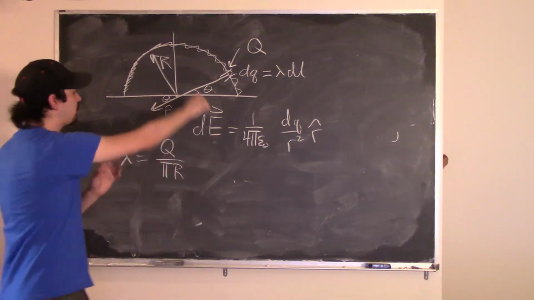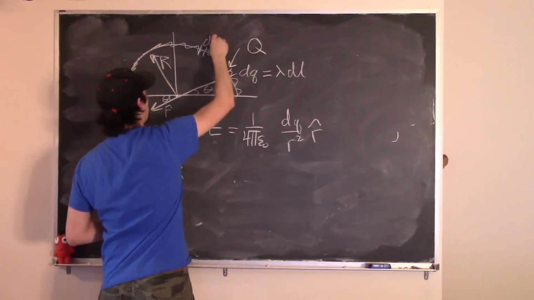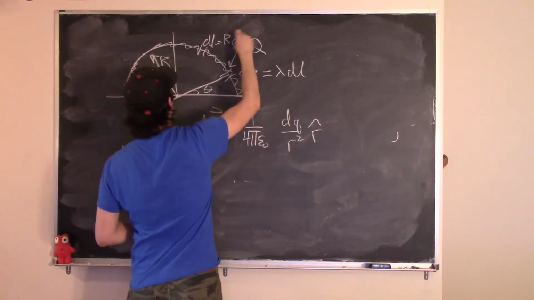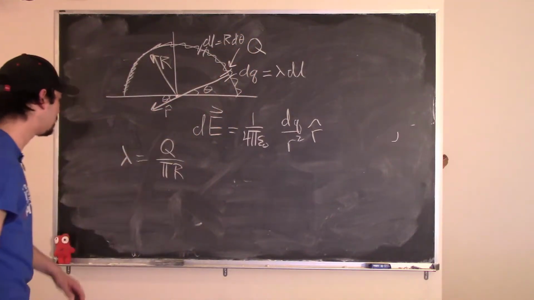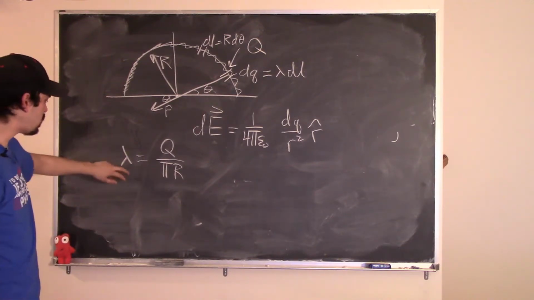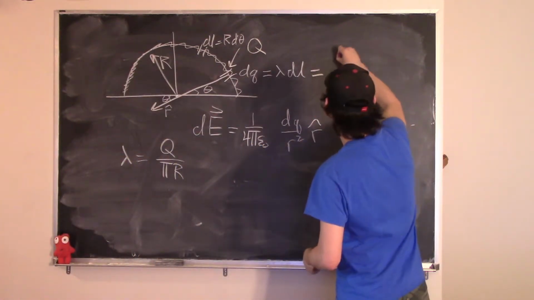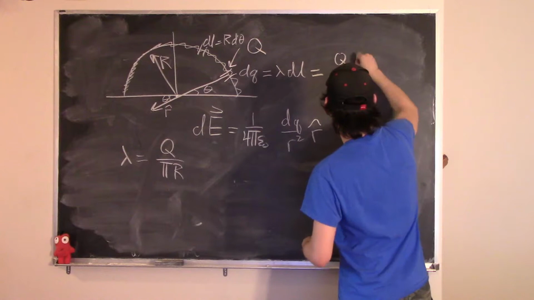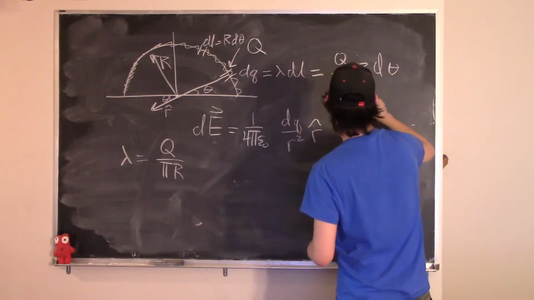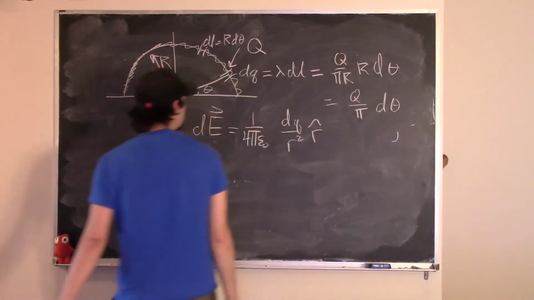Now dl for the arc of a circle, and this is something that you can just hold on to and put in the back of your pocket, dl is just going to be r d theta. I won't really go into exactly why that is, but if you're interested, come talk to me. I'll explain why. So now we can say that lambda dl is equal to q divided by pi r times r d theta, or this is equal to q divided by pi times d theta. Okay, so that gets us our dq.